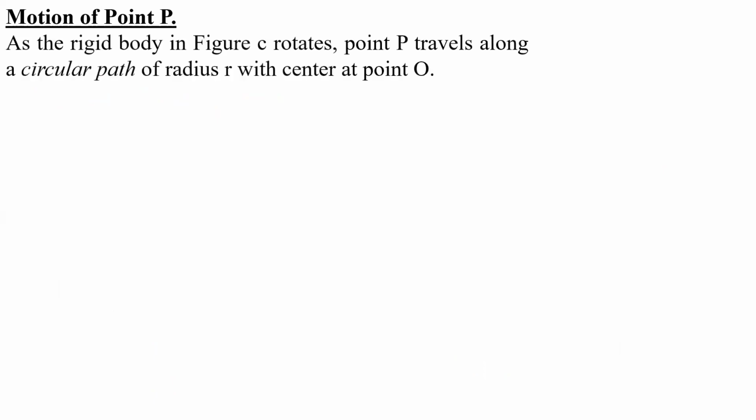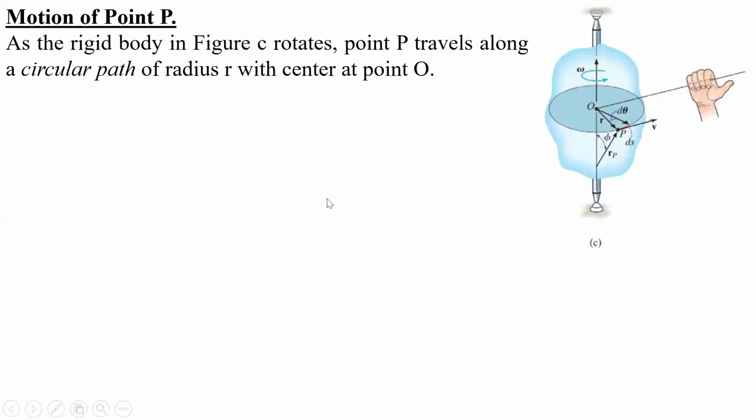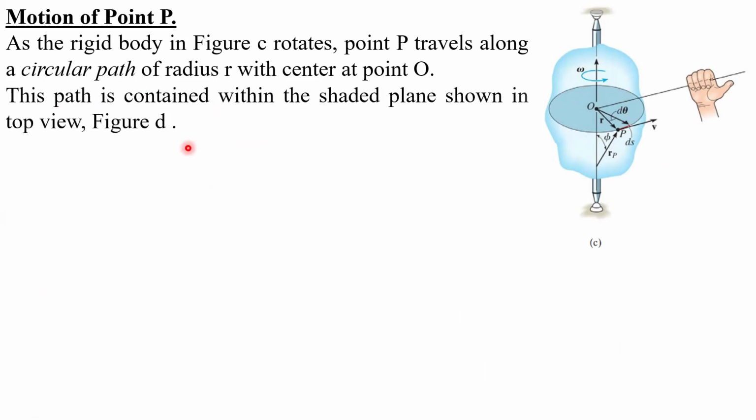Motion of point P. As the rigid body in figure C rotates, this point P travels along a circular path of radius r with the center at point O. So the path is contained within the shaded plane shown in the figure here.